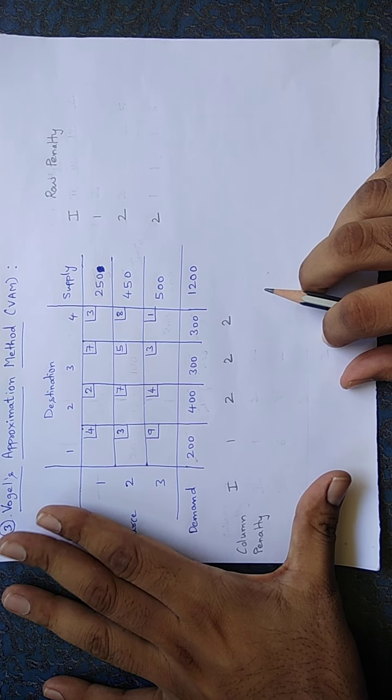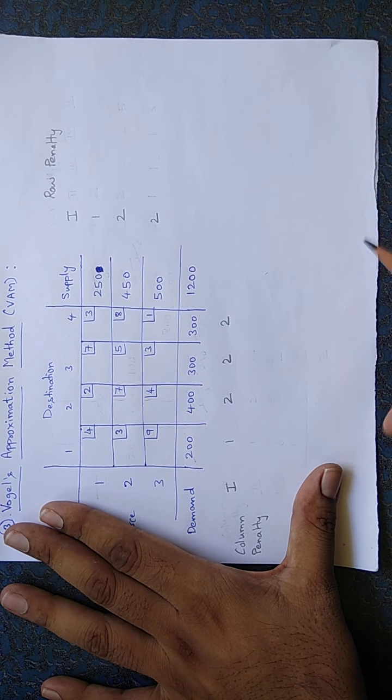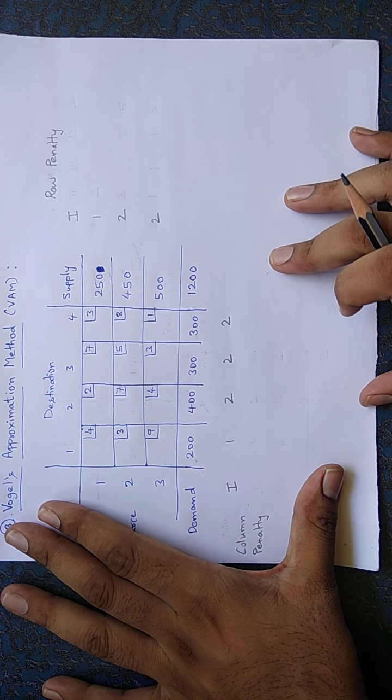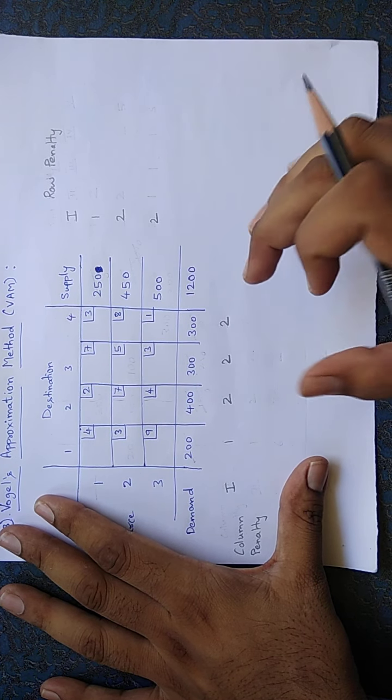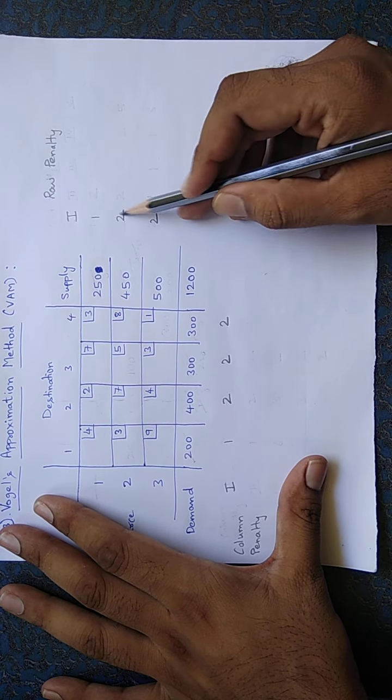Now we will take the highest penalties in the rows and columns, and among the highest penalties captured cells, we will identify the least cost. For example, here let us observe that these two are the highest penalties in the rows.